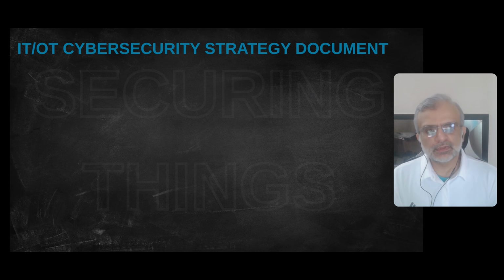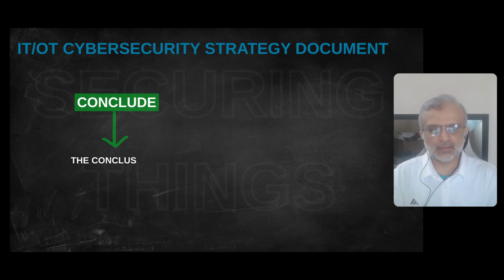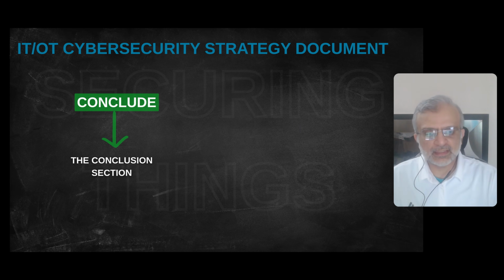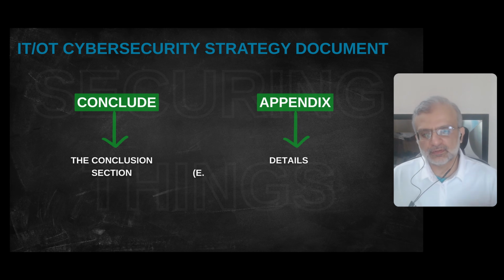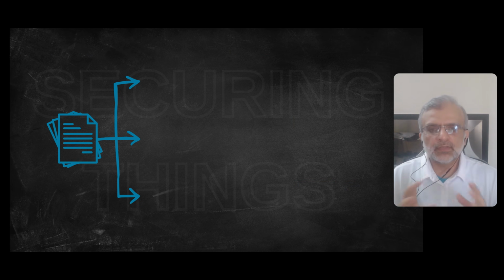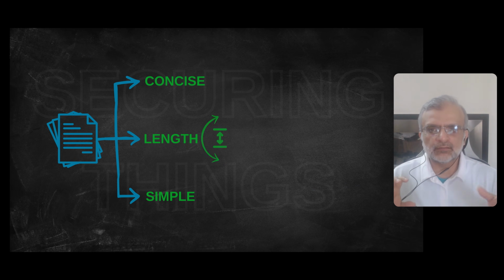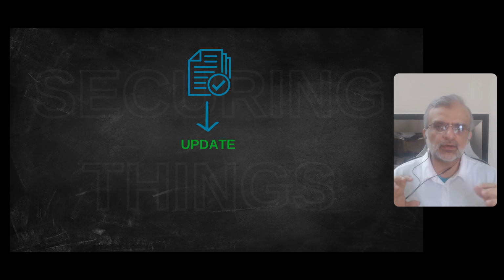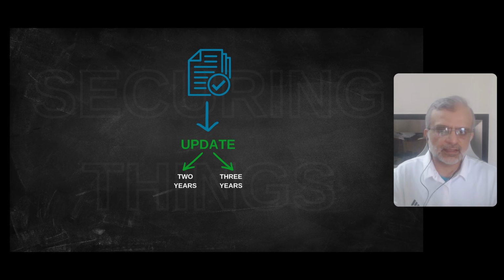In the last, you are going to conclude the document with the conclusion section, and then in the appendix you will have different details like acronyms used, or other reference or related documents. So keep the document concise and simple to understand. The length of the document should be no longer than 30 to 50 pages at most. Update the document whenever necessary, or at least every 2 to 3 year cycle.